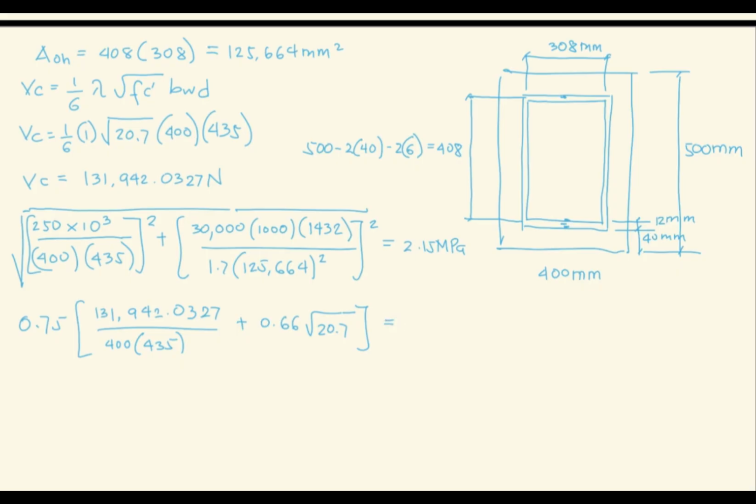So this will give us 2.82 megapascal. Take note that the unit here is megapascal as well as on the other term. So we can then say that the relationship is satisfied, that the left side of the equation, 2.15 megapascal, is really less than 2.82 megapascal. Hence, the cross section is adequate.